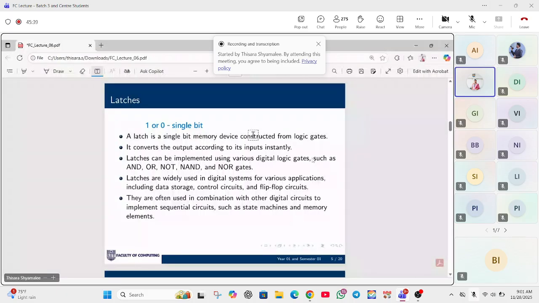Unlike the combinational logic circuits we discussed last week, latches have memory. That is another important point. Latches having memory means latches come under sequential logic circuits. So we can say all sequential circuits have memory.